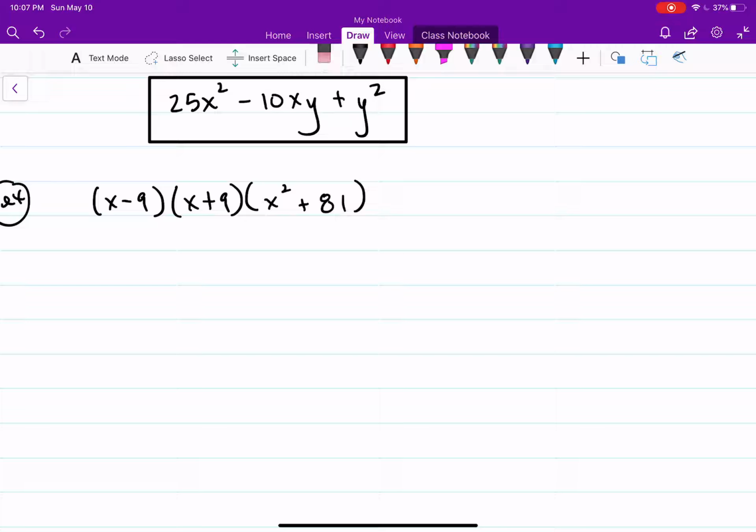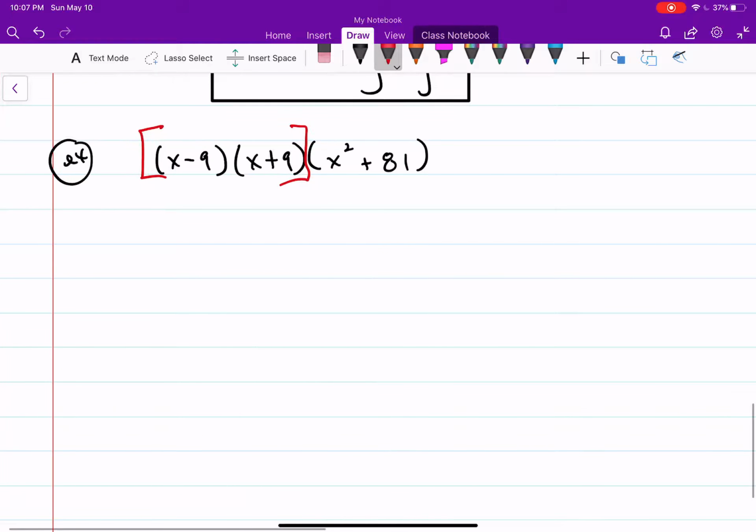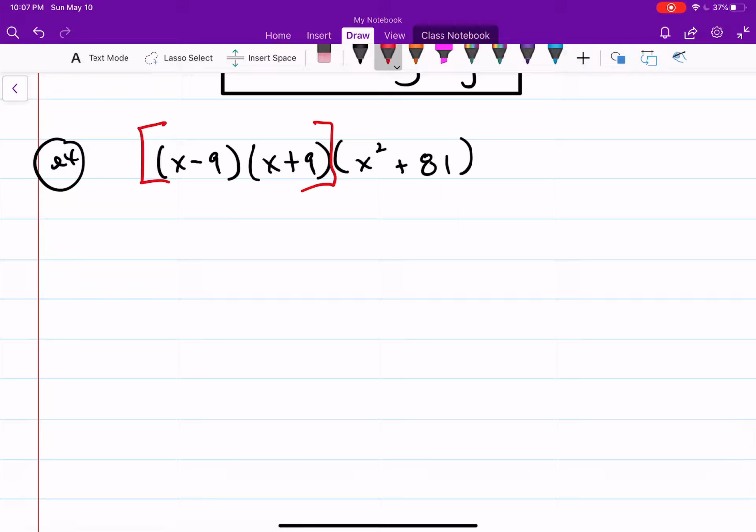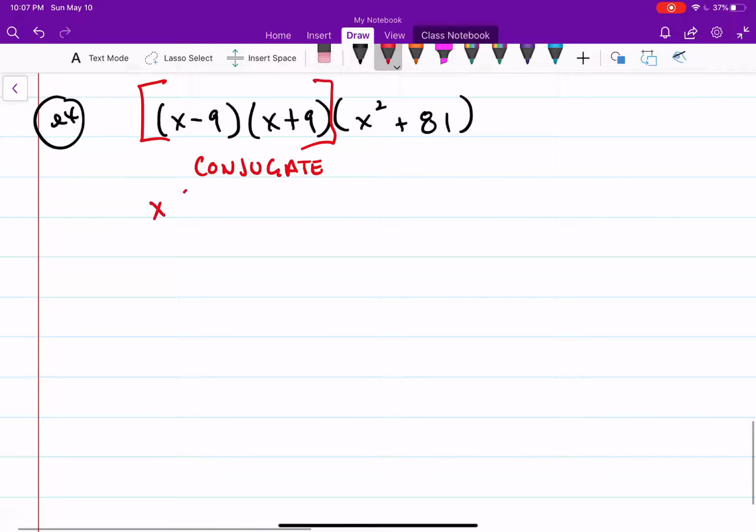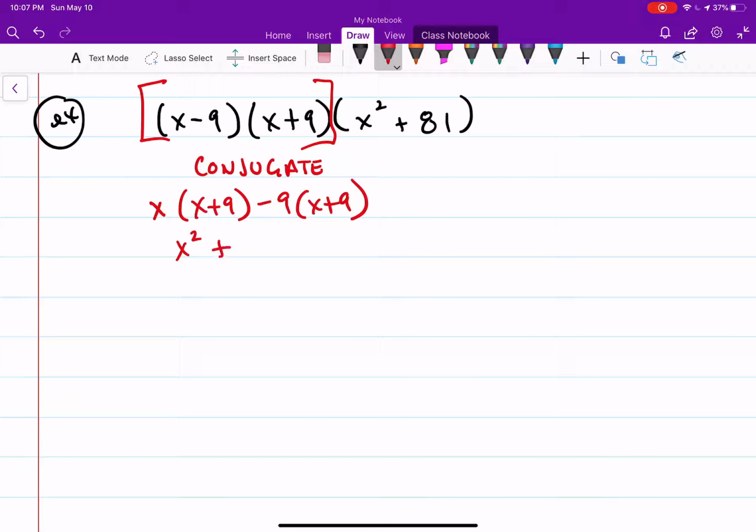So we're going to only take care of just this piece first right here, okay? And look at that. That's a special. It's a conjugate. So I'm going to get x squared plus 9x minus 9x minus 81.